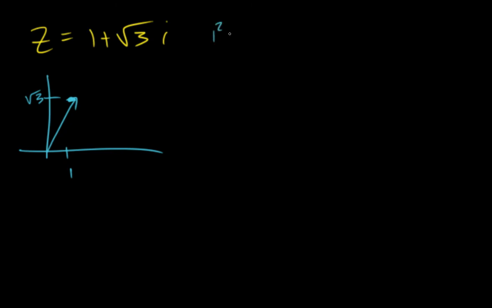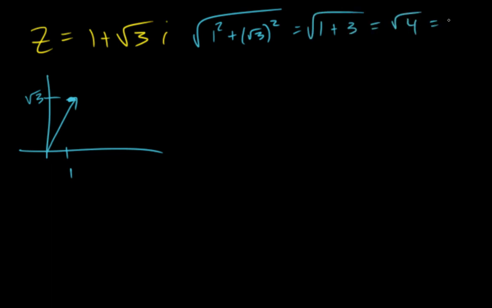So we do 1 squared plus square root of 3 squared, square rooted, which gives us 1 plus 3, which gives us 4, which gives us 2. Okay, so the modulus of z is 2.